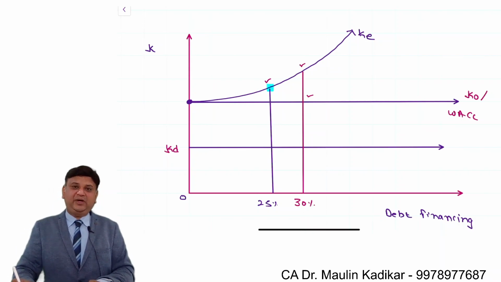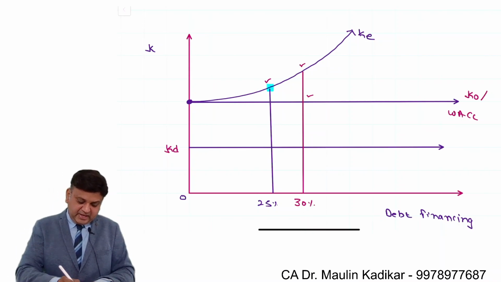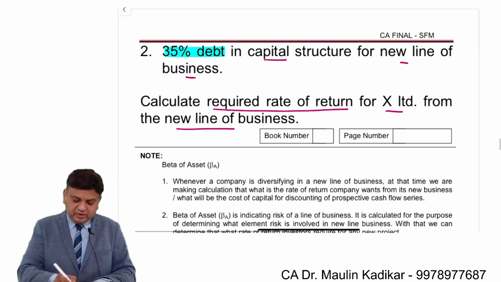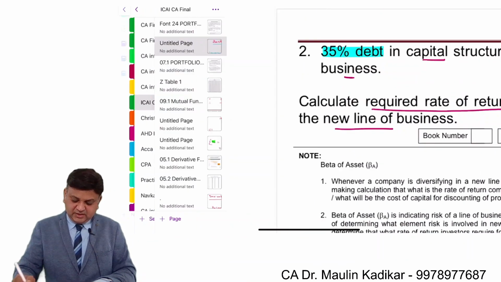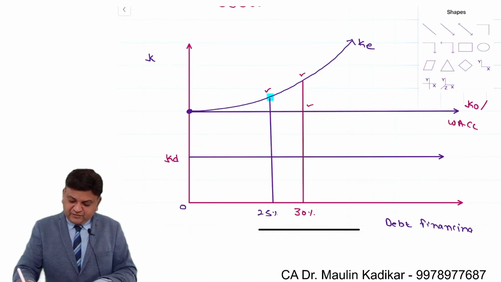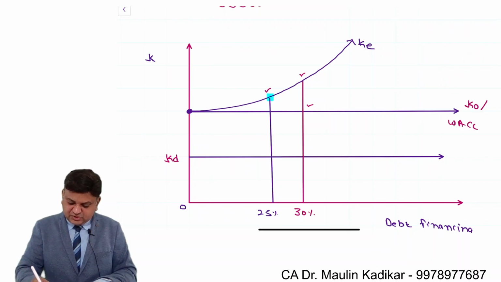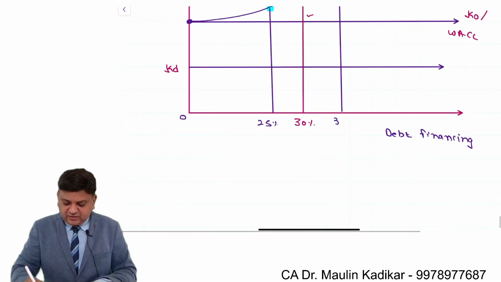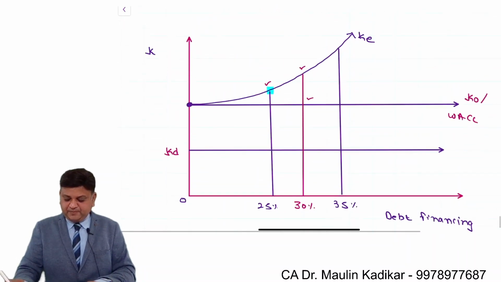This is what we are required to do. In the second part of the question, we are going to keep 35% debt, meaning the proportion of debt financing is more. If the proportion of debt financing is more, then again the beta of levered equity applicable to us will be more.